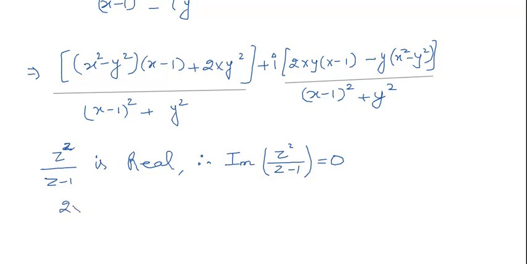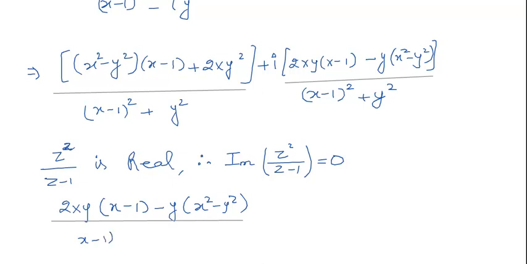So let me write this thing: 2xy times (x minus 1) minus y times (x square minus y square) over (x minus 1) whole square plus y square should be equal to 0. Now this denominator will go over there, so that will turn out to be 0 only.